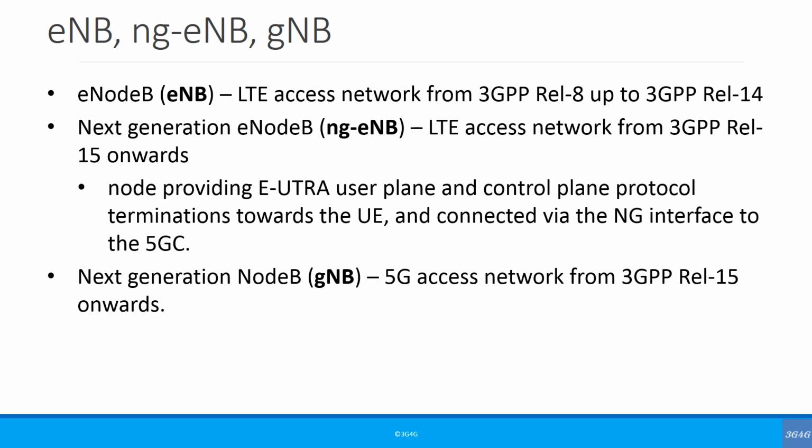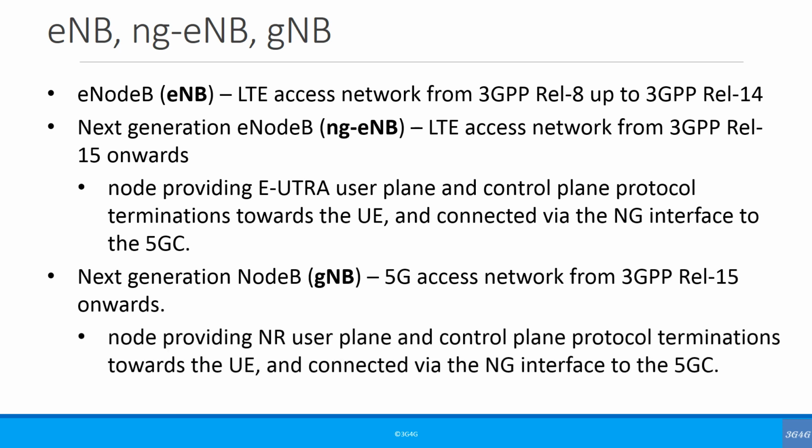Then the next generation node B is the gNB, which is the 5G access network from 3GPP release 15 onwards. So in standards, this is defined as a node providing NR, new radio, user plane and control plane protocol terminations towards the UE and connected via the ng interface to the 5G core.